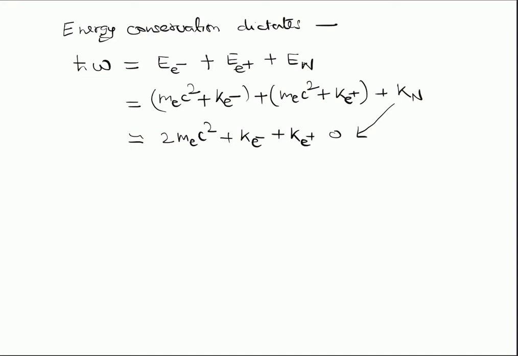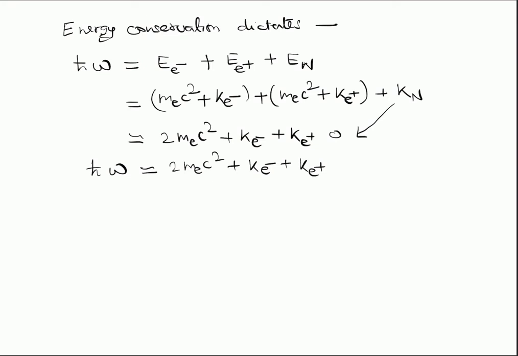Therefore, we have the energy conservation relation: h cross omega is almost equal to 2 m_e c square plus kinetic energy of the electron plus kinetic energy of the positron.